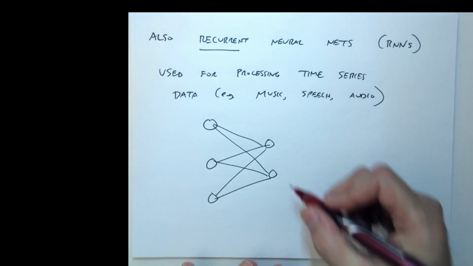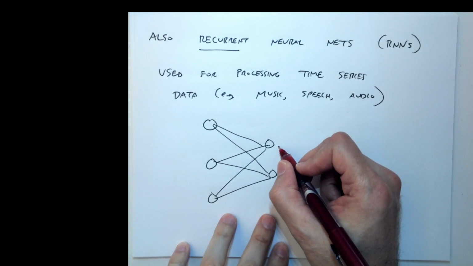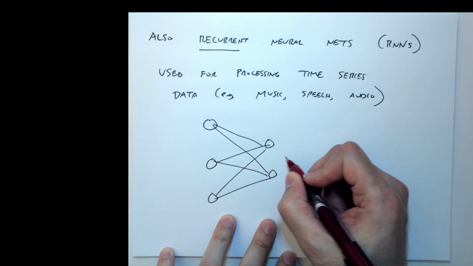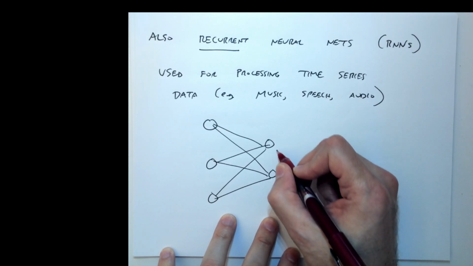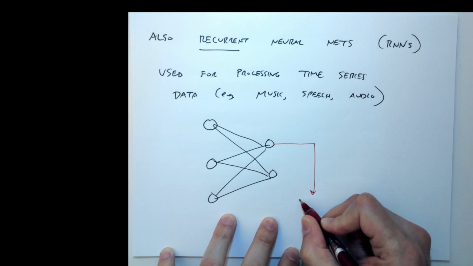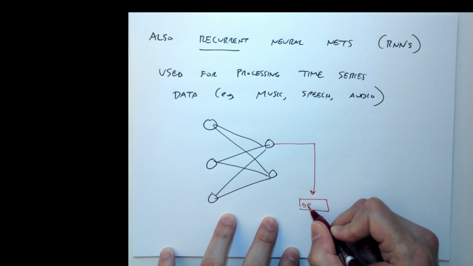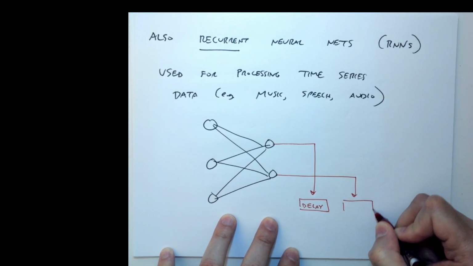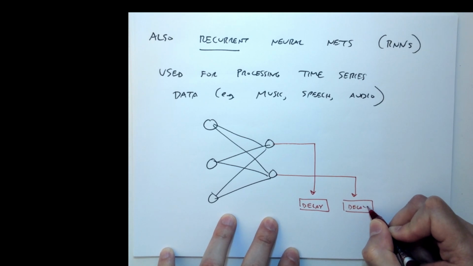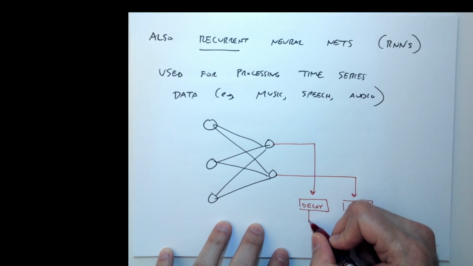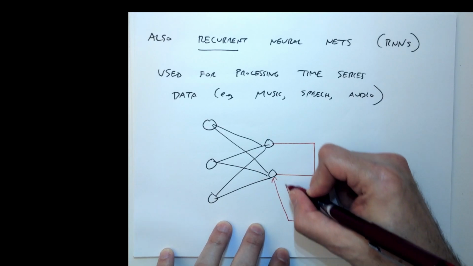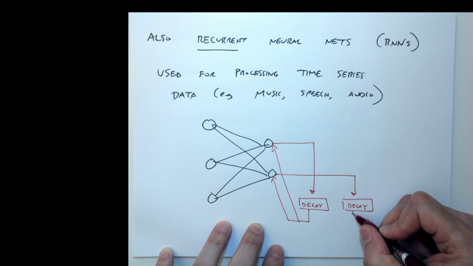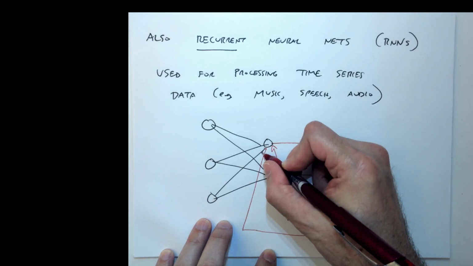What I could also do is take the output of each of these nodes, delay it by one time step, and feed those back into these neurons as additional inputs.